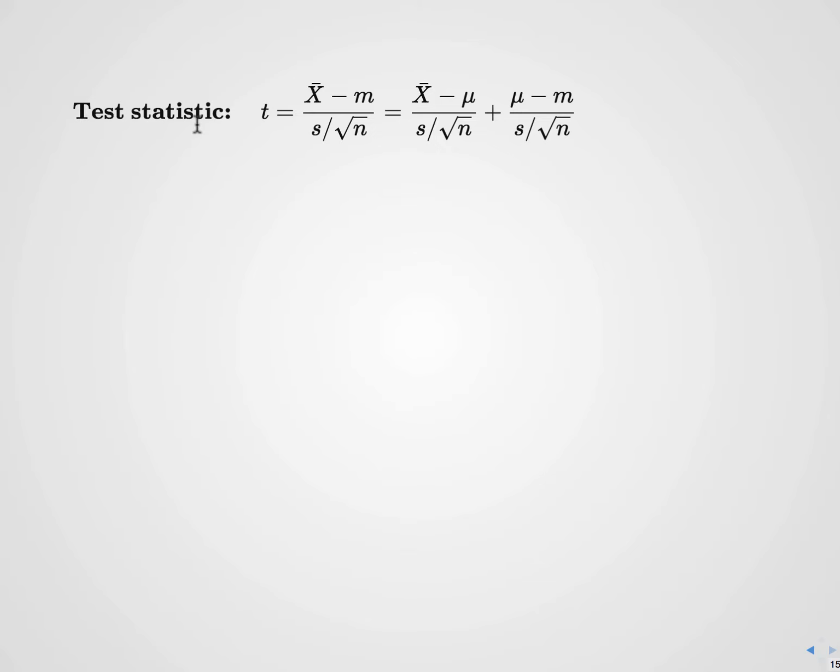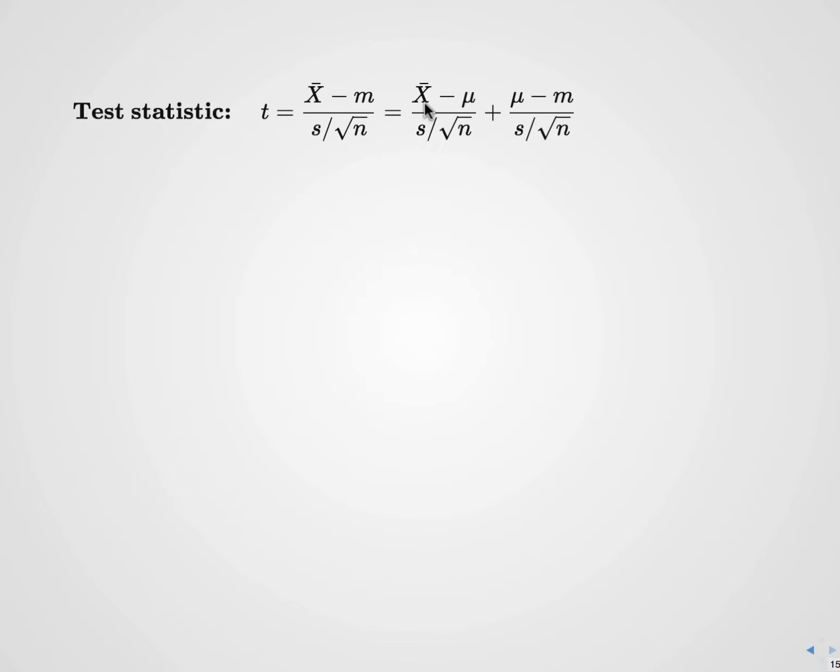So here is the t-test statistic, and we're going to particularly focus on the top line here, the difference between x bar, our calculated sample mean, and m, the null value. Now we can take this test statistic that we calculate, and for theoretical purposes, not for computational purposes, we can write it like this.